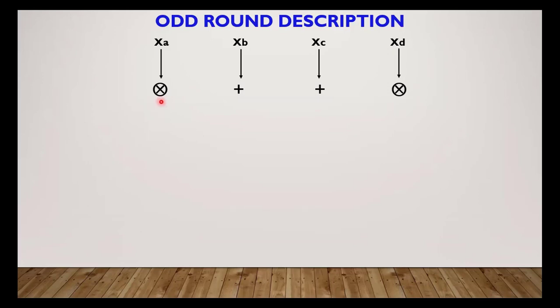The first operation is multiplication, and the other operation is addition. So the addition and multiplication operations will be performed, and we use 4 keys for the odd round as Ka, Kb, Kc, and Kd. And after performing these operations, that is multiplication and addition, you will get some result.